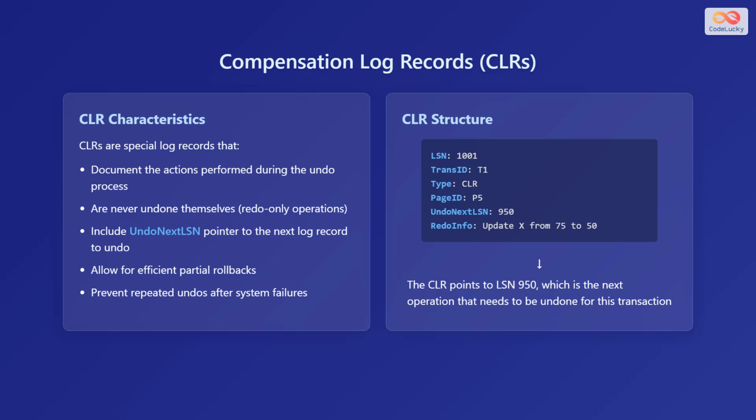The undo next LSN is 950. And the redo info indicates that X was updated from 75 to 50. The CLR points to LSN 950, which is the next operation that needs to be undone for this transaction.